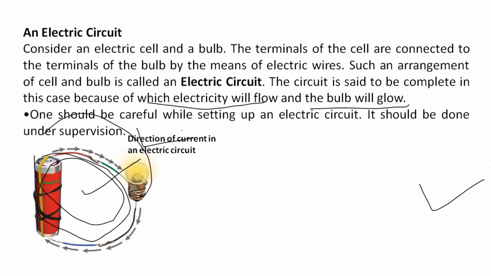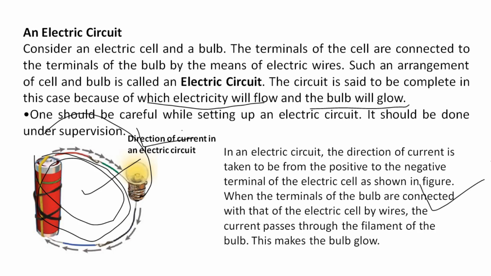So now, the direction of current in an electric circuit. In an electric circuit, the direction of current is taken to be from the positive to the negative terminal of the electric cell, as shown in the figure. When the terminals of the bulb are connected with those of the electric cell by wires, the current passes through the filament of the bulb. Look, we have seen that the filament of the bulb is there.